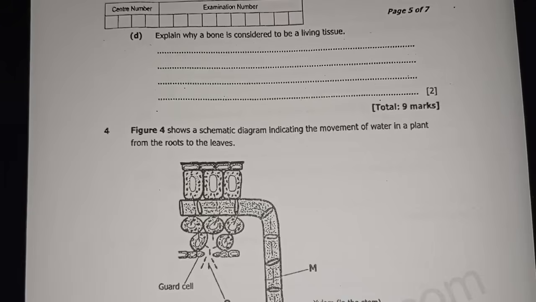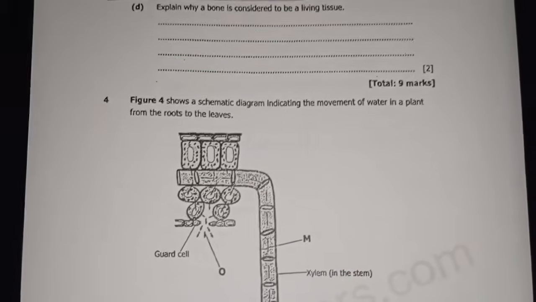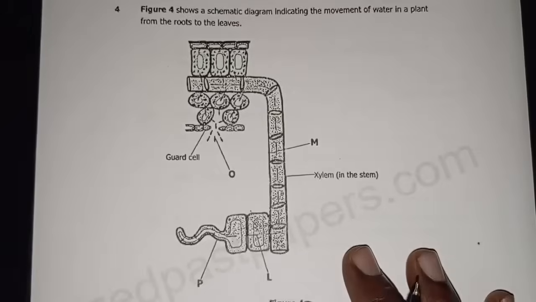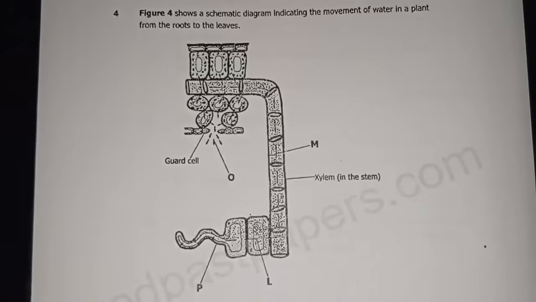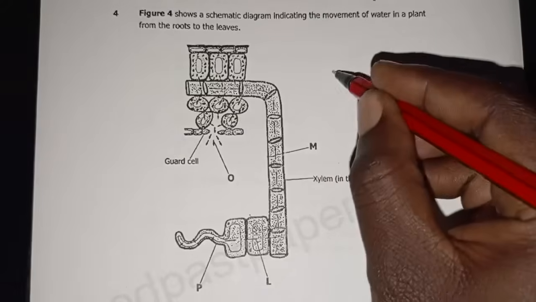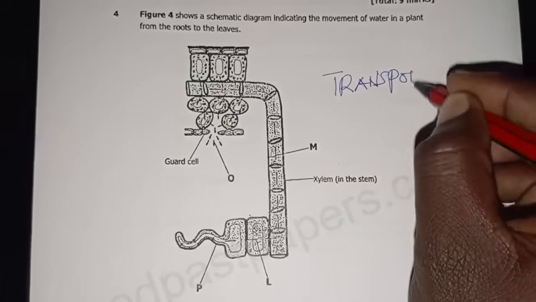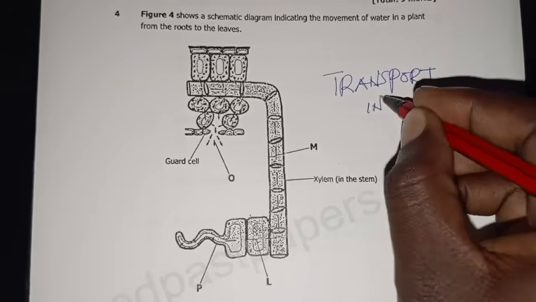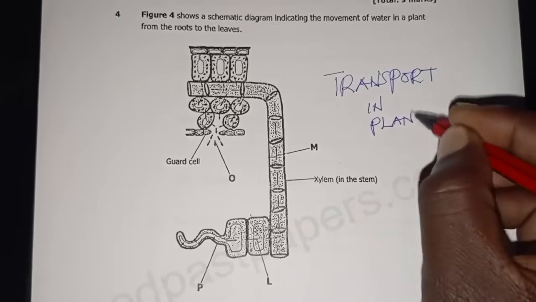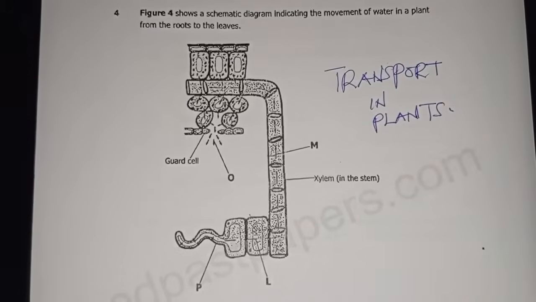We now go to this particular diagram. This is now falling under what we call transport in plants. So you study a topic called transport in plants. Study through it. Understand.